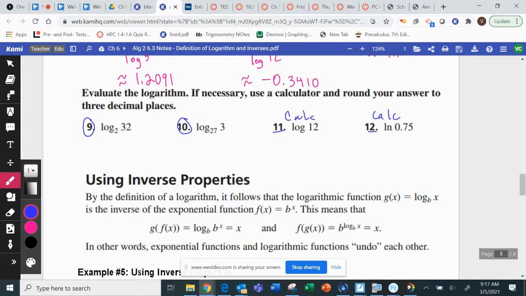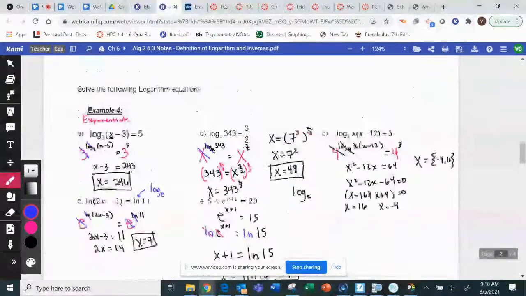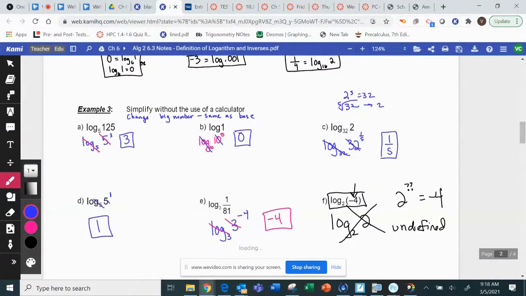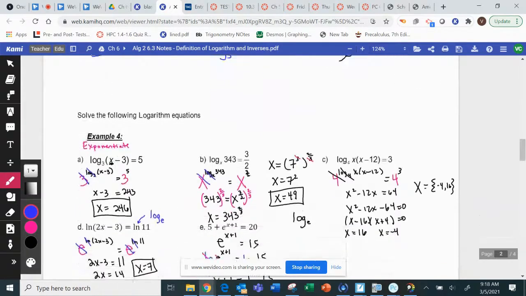It's fine, but you don't have to do that. You're just going to do like 32, or 2 to the what is 32. So 9 and 10 are like the stuff that we did earlier, like these. And 11 and 12 are just using your calculator.